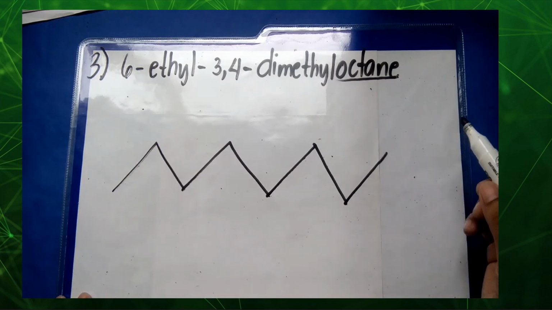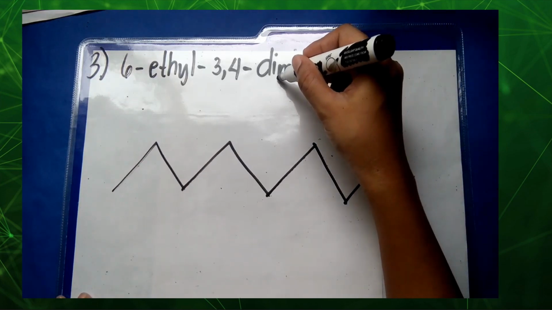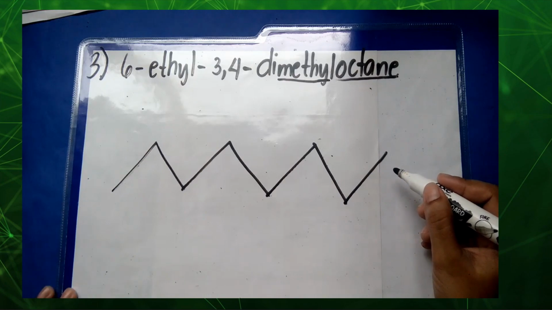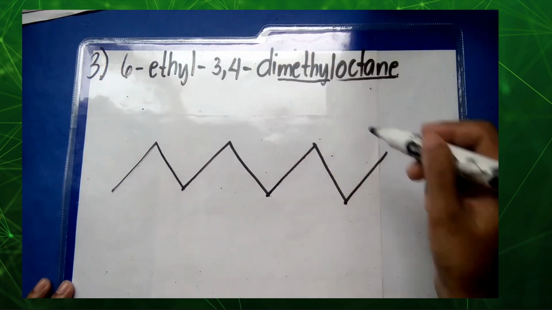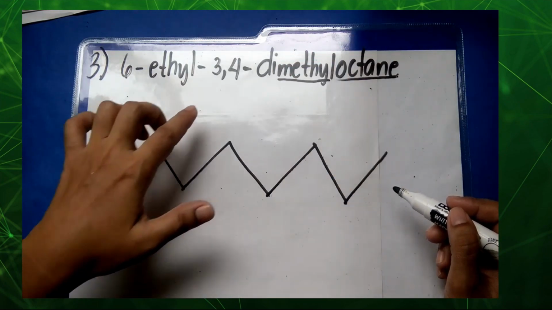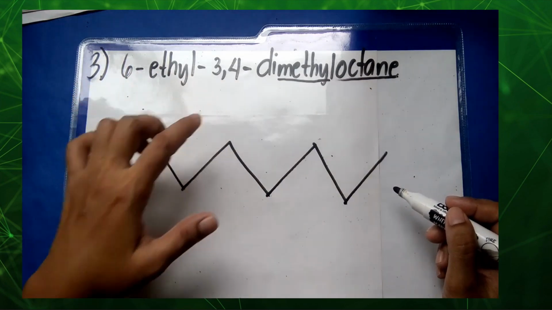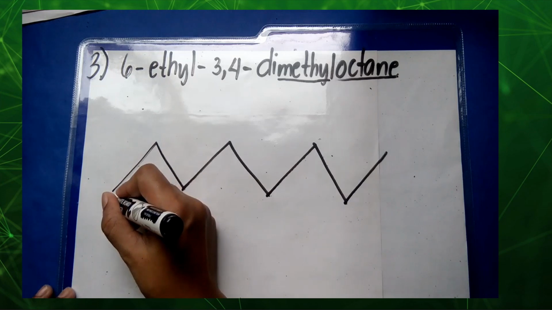Sabi po dyan, mayroon daw pong methyl na nakakonect. Okay? So, ilan daw pong methyl? So, nasa anong number of carbon atoms? 3 and 4. And then sa number 6 naman daw po, mayroong ethyl. Okay, so let us number first.